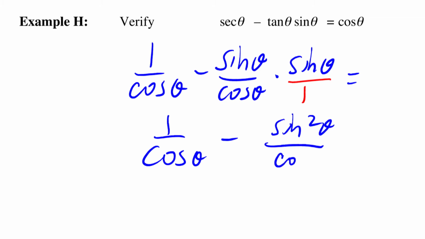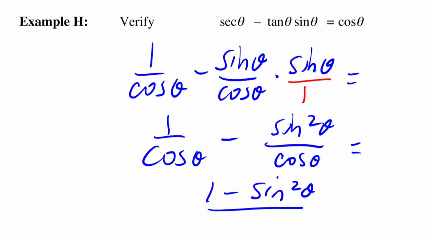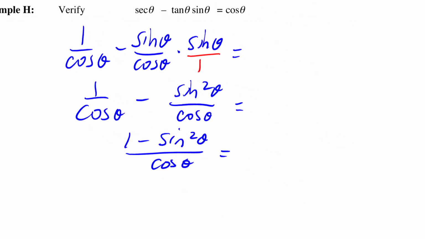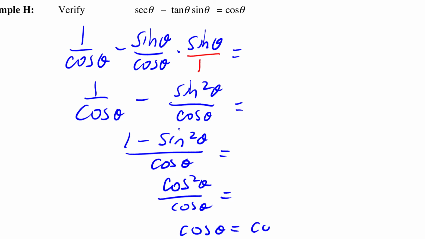And fortunately, we already have common denominators. So we can combine this into a single fraction, 1 minus sine squared theta over cosine theta. And that is Pythagorean. That's cosine squared theta over cosine theta, which simplifies quite nicely to just cosine theta. Okay, QED. And that means, yay us.